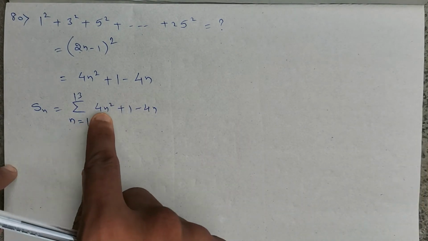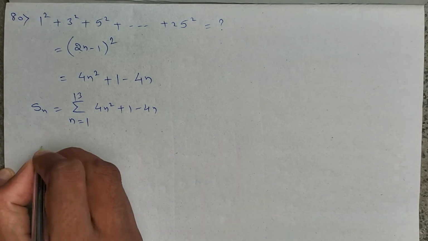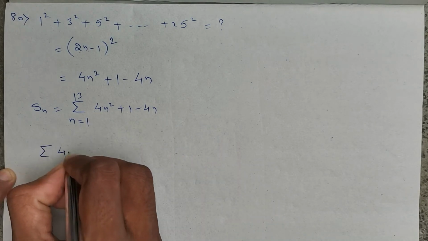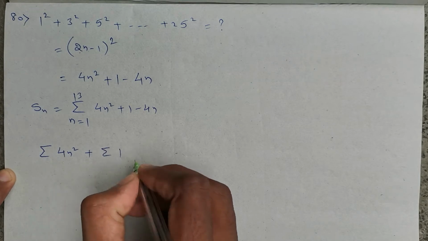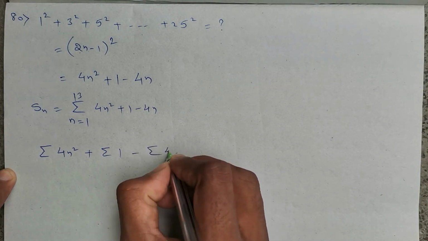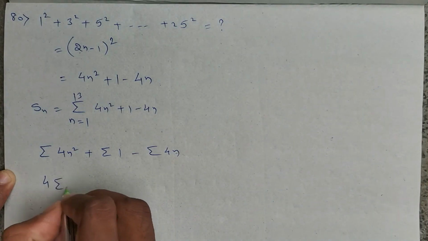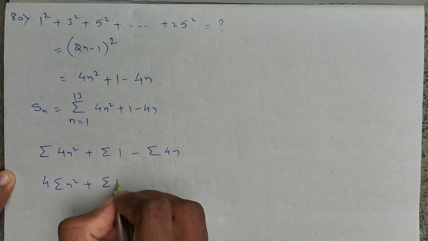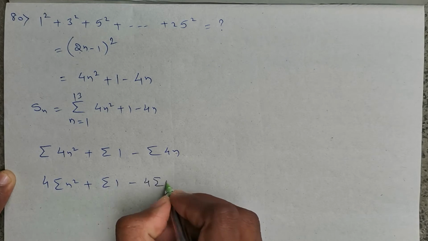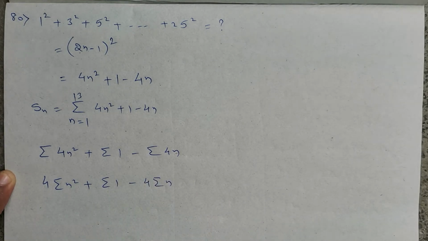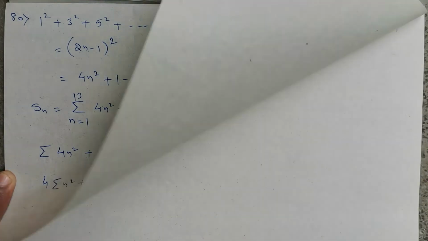So this sigma, if we apply for each and every term, we will get sigma 4n square plus sigma 1 minus sigma 4n. Now constants will come outside, so we get 4 times sigma n square plus sigma 1 minus 4 times sigma n.